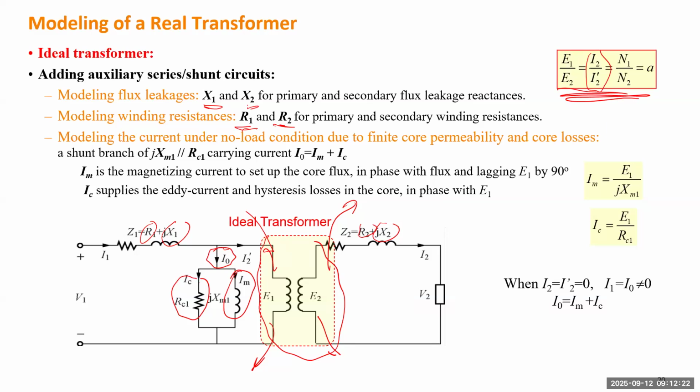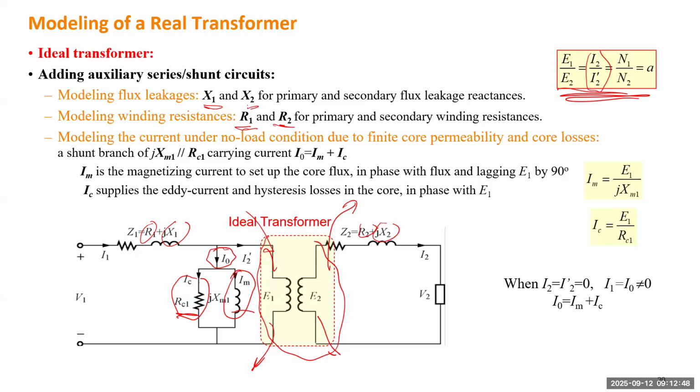So that also needs to be modeled. Finally, we have two impedances on both sides, modeling the imperfection of the windings, and we also have two shunt branches, one resistance and one reactance, to model the factors with the iron core.